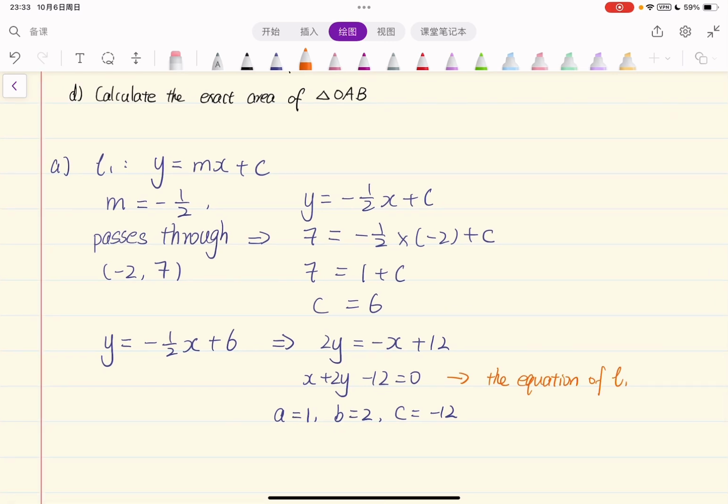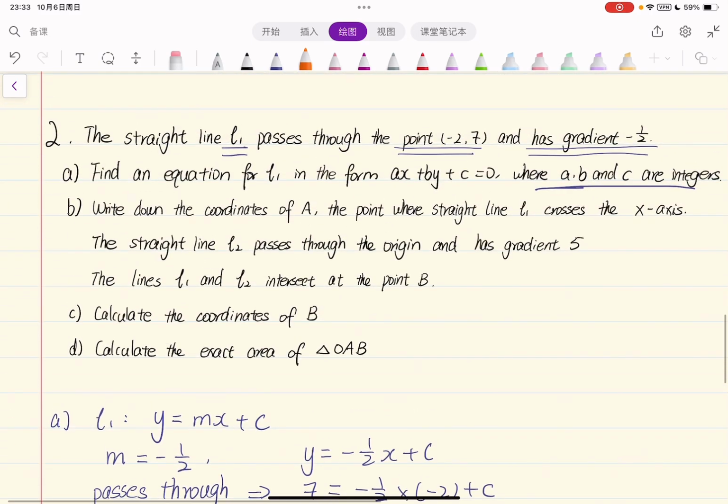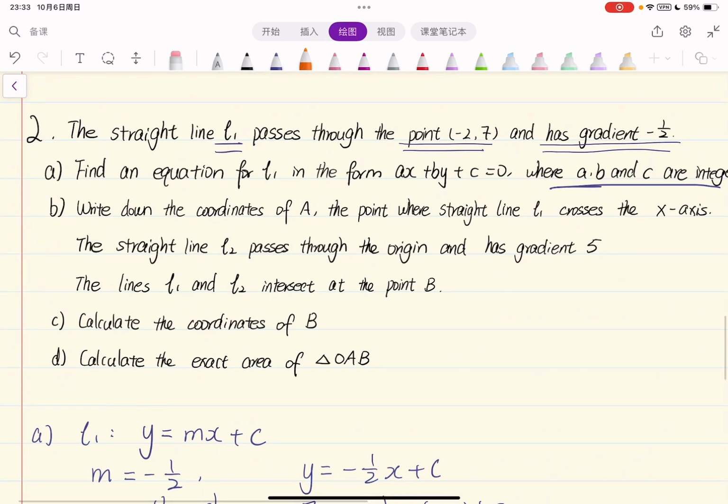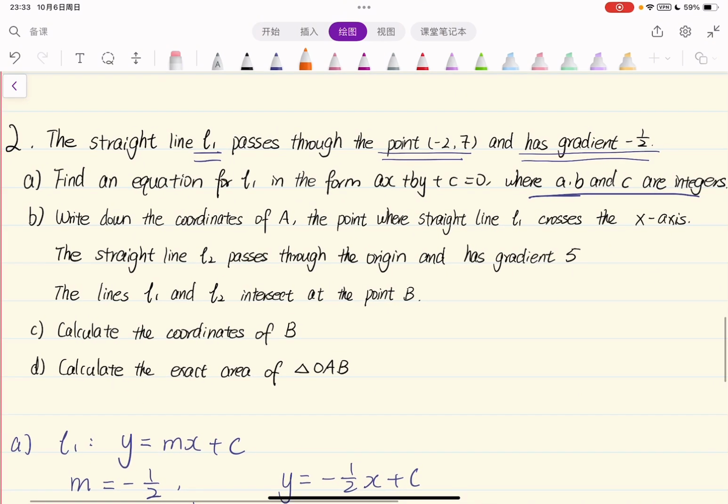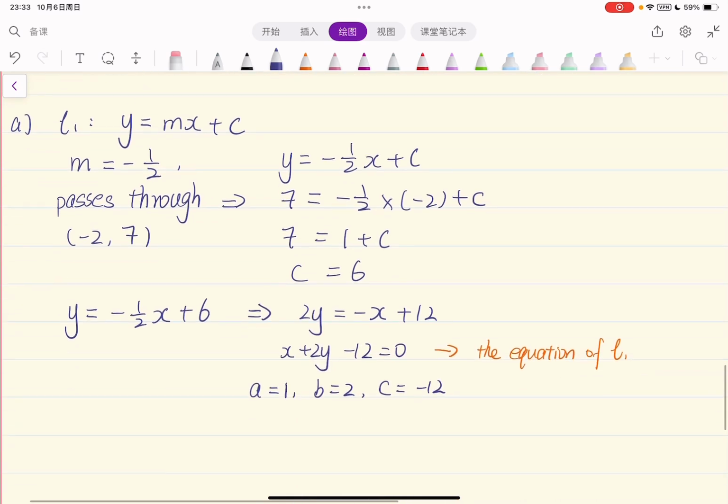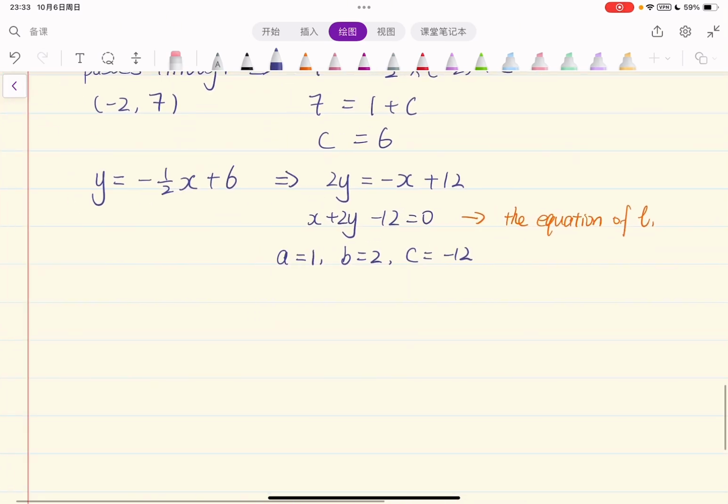Now let's see part B. Part B asks you to write down the coordinates of A, the point where straight line L1 crosses the x-axis. What does it mean for L1 to cross the x-axis?